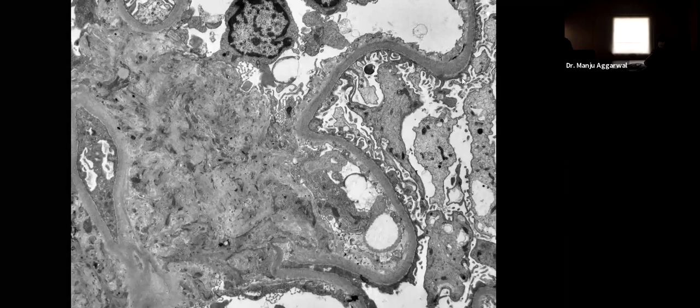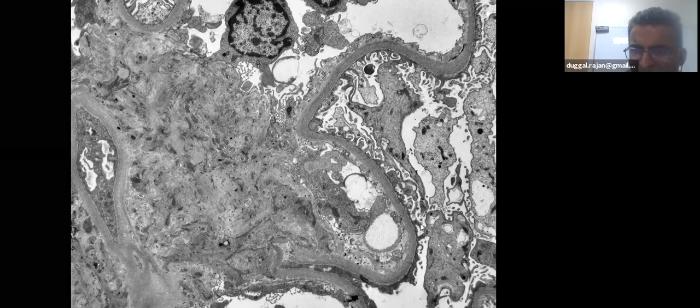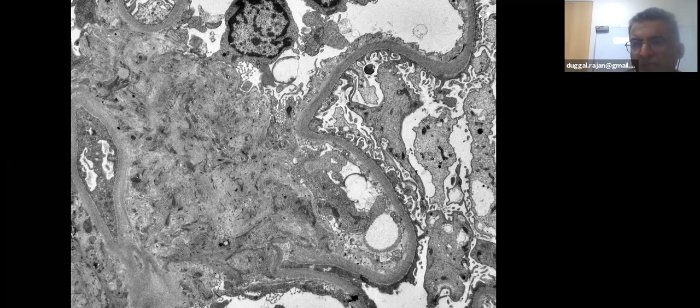Look at these projections and compare them with this area. In this area there is some focal foot process effacement, but in the majority of the capillary loops, like in this image also, 70% of the capillary loops are showing preserved foot processes. Only focally, 25% of the area, shows foot process effacement.